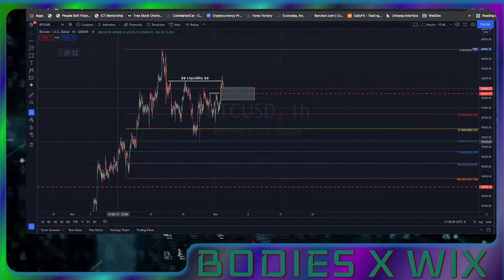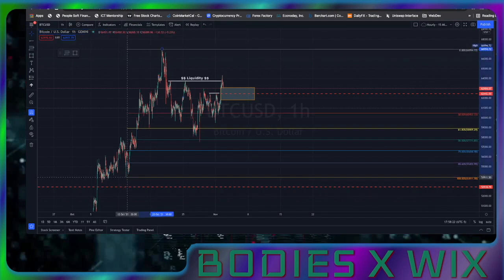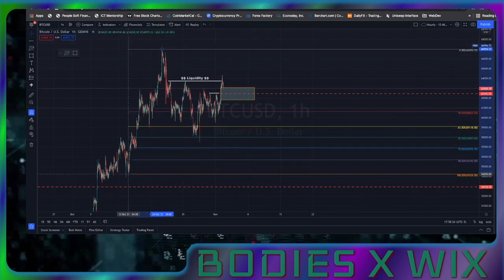And the reason I am putting my fib here is because even though it made its run, we have a high, and then it came down and made a little bit of a low, and that looks more like a liquidity run than a low. So I would put it there. And then after that low, it made a higher high.